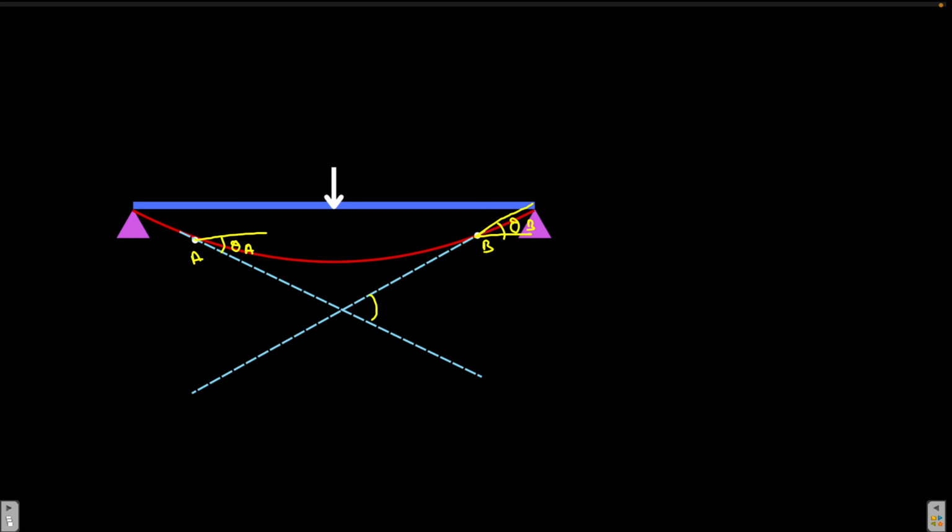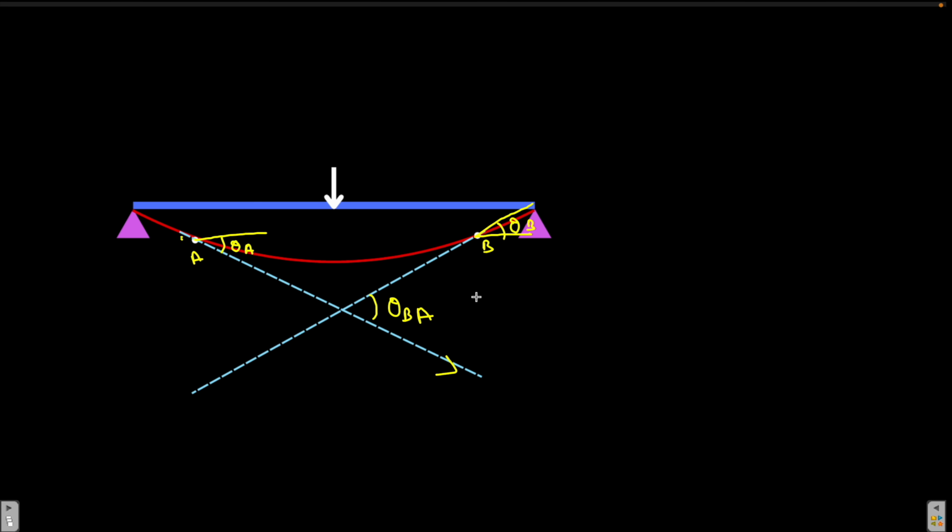So we will write it as theta BA. That means we want to find the slope at the point B with respect to this tangent which has been drawn at point A. That means theta at B with respect to the tangent at A. I hope this is clear now.